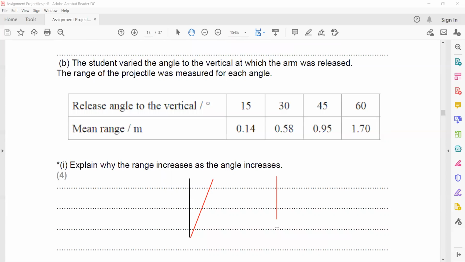Then the angle is 30 degrees to the vertical, then it is 45 degrees to the vertical, and it is 60 degrees to the vertical.